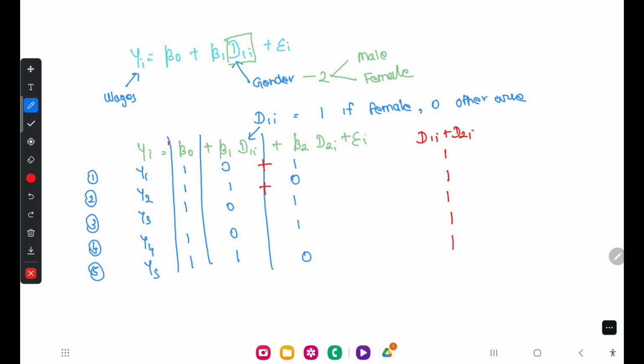Now you see, this column over here, beta naught, and this column over here are the same. Why is it the same? Because we have included two dummy variables for the two categories. Because of that, we fall into something called the dummy variable trap.